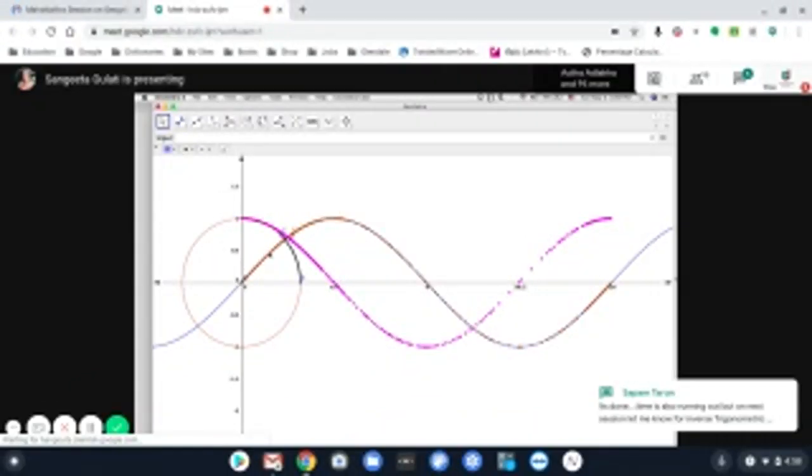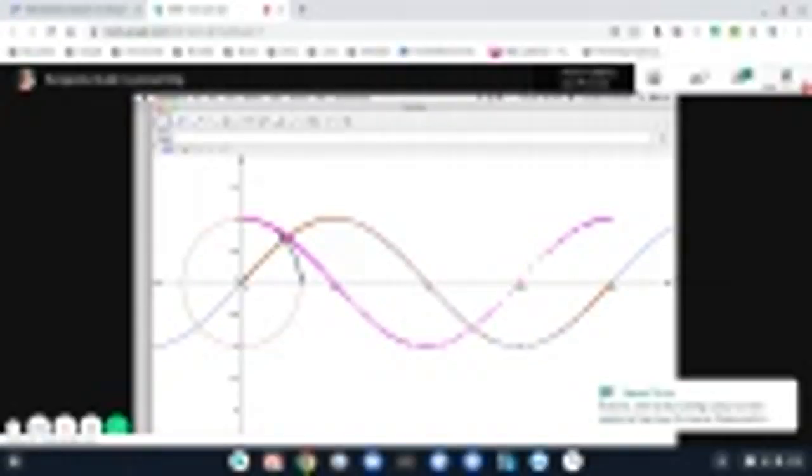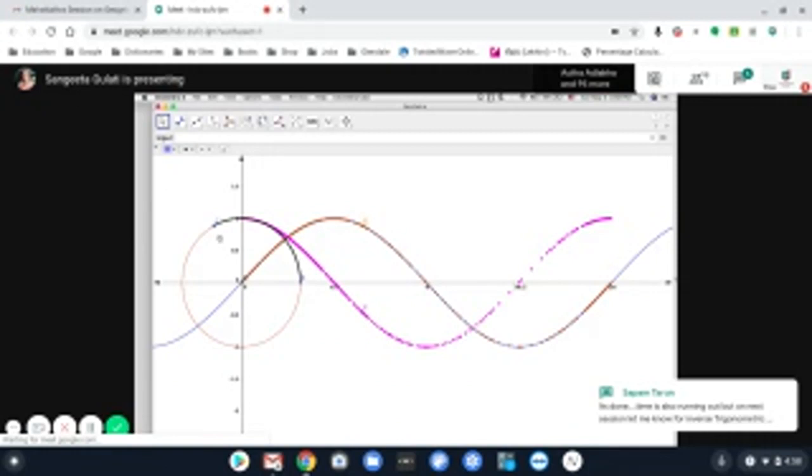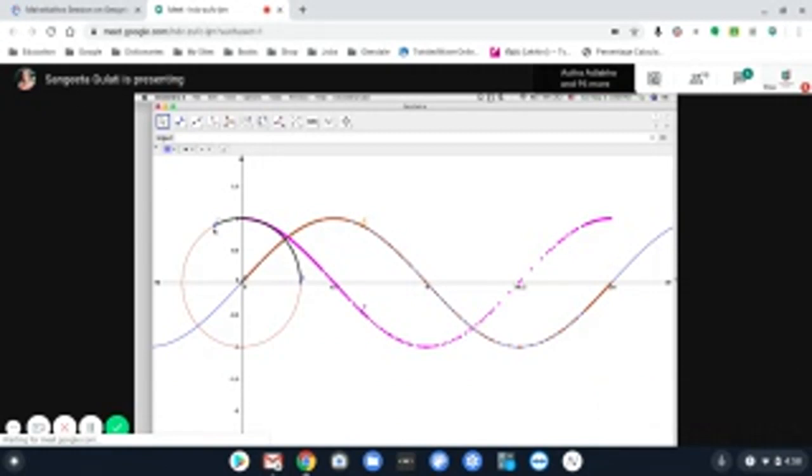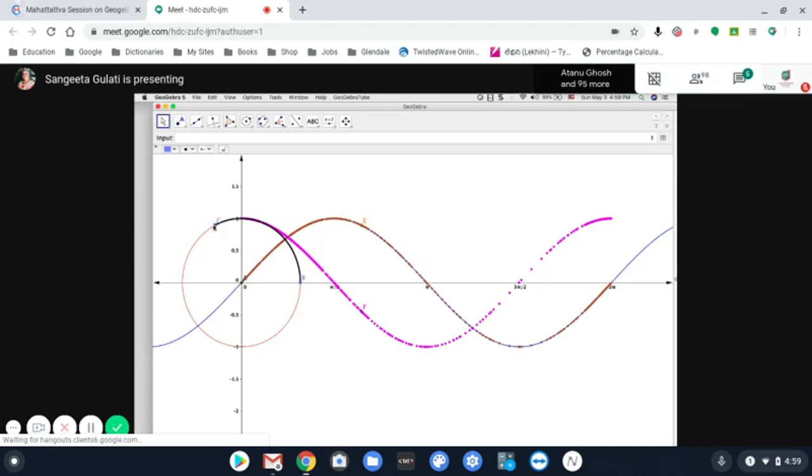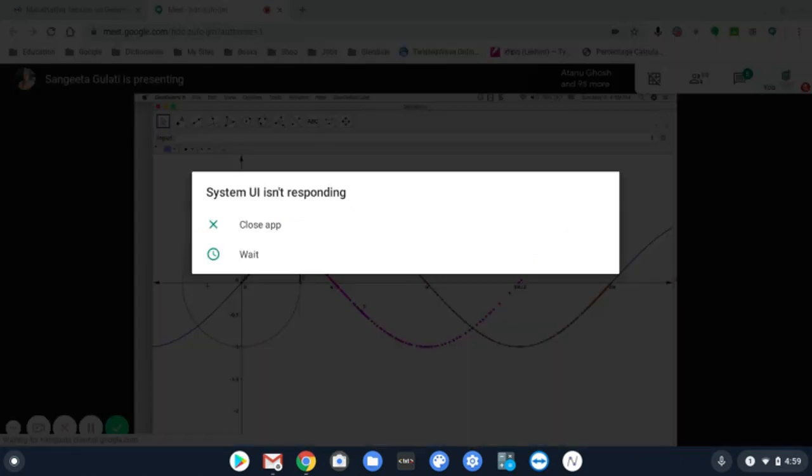Now in the first quadrant, the point C is actually in the first quadrant. The moment I come here, the point C is in the second quadrant. So x is negative and the y coordinate of this is positive. And therefore sine of that angle will be positive, but the cosine will be negative. So a lot of things can be explained.